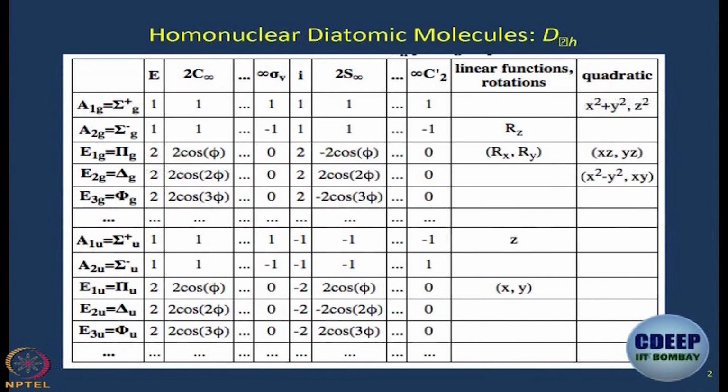So, it is important to remember that pi G and delta G, or pi U and delta U for that matter, are actually 2 dimensional representations. Instead of E3G you write phi G, and then for all these you have the corresponding Ungerade representations as well. Have we understood, at least roughly, how this character table is written and how the Mulliken nomenclature is performed?